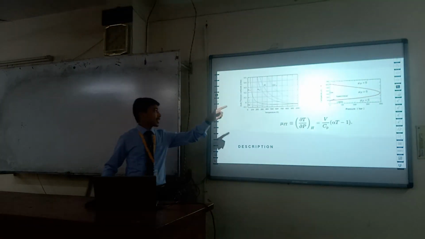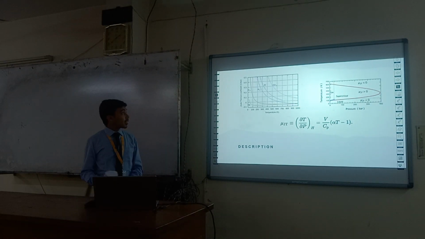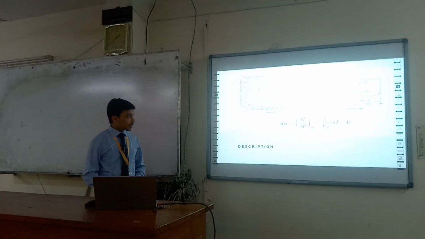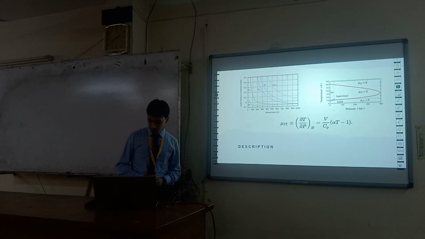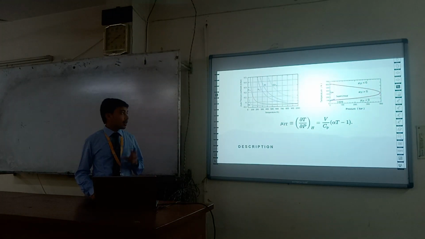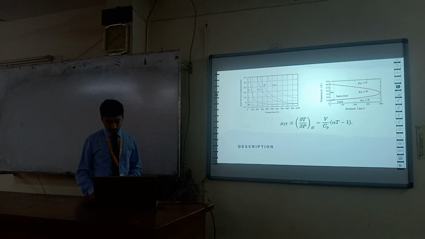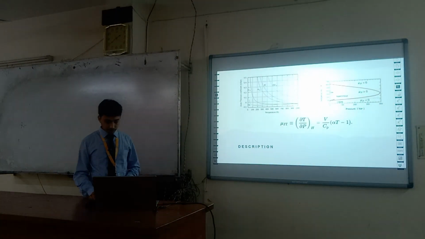Now we can see the second graph. Within the region boundary, the red line indicates the Joule-Thomson expansion produces cooling. At this time, the coefficient of Joule-Thomson effect is a positive number. Outside the region, the expansion produces heating.